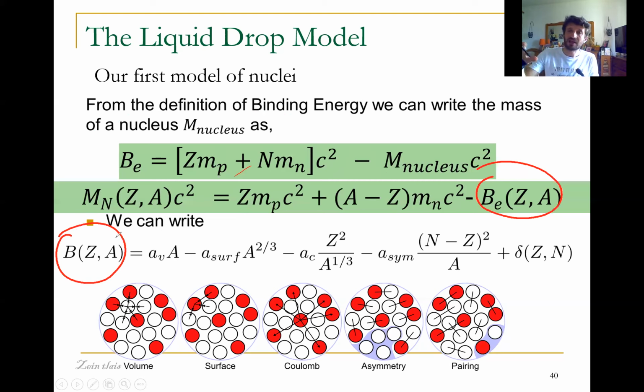Some factors help or contribute to increase the binding energy, and some other factors can reduce it. For example, the first term is a volume term, the second one is a surface term, the third one is a Coulomb term, we have an asymmetry term, and we have a pairing term. I want to talk about each one in detail.